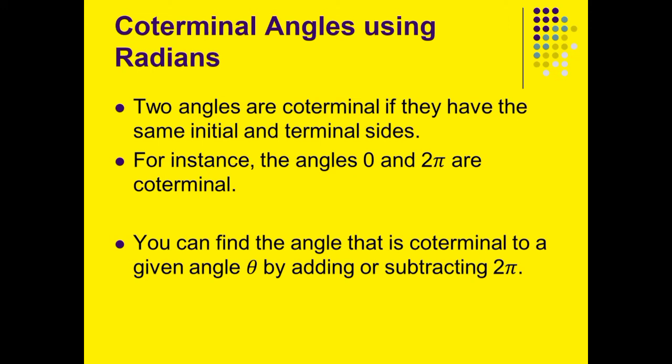For instance, the angles 0 and 2 pi are coterminal because of one complete revolution. You can find an angle that is coterminal to a given angle theta by adding or subtracting 2 pi.